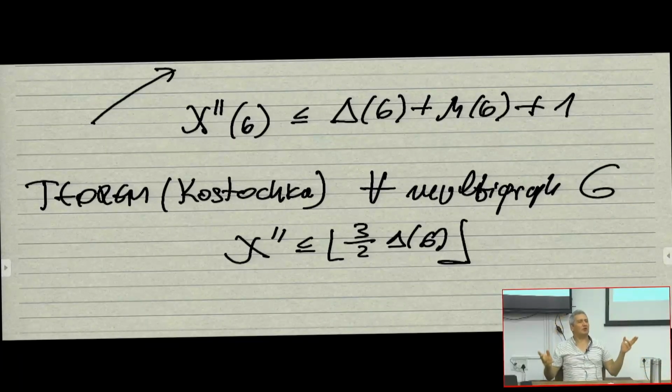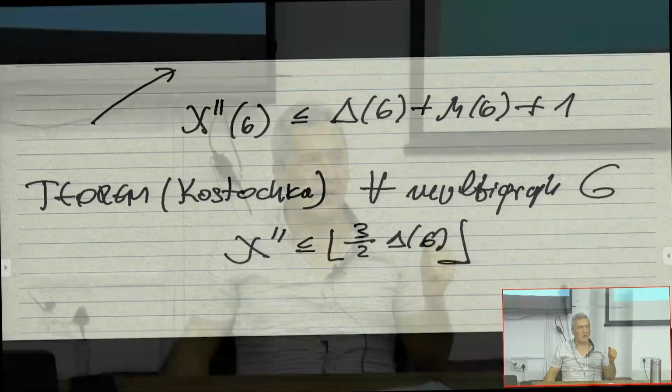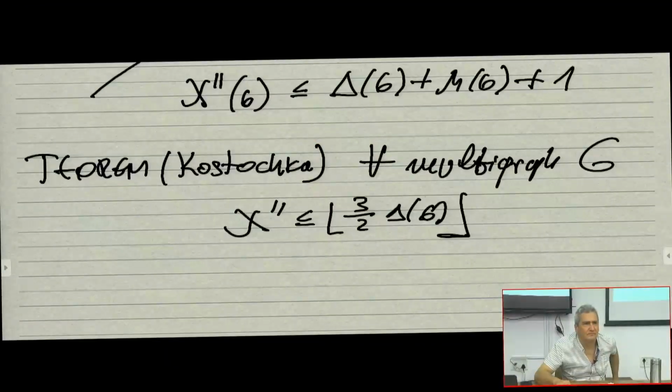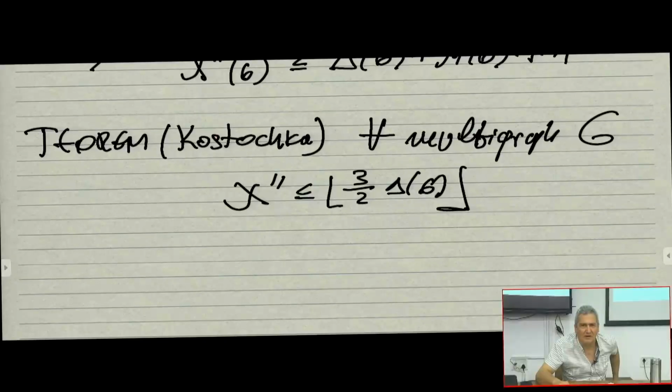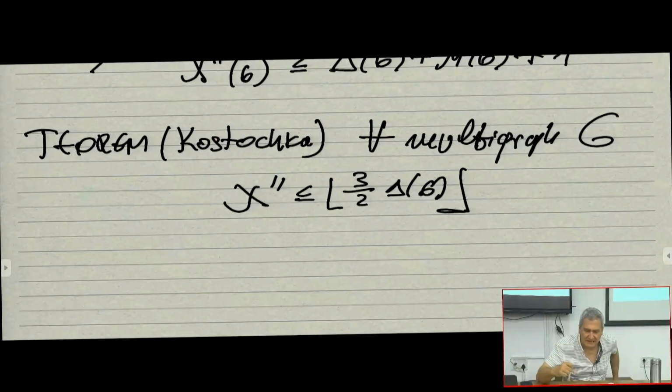You have a total coloring; you can also consider list total coloring. Do these bounds hold, or are they conjectures? Is anybody able to prove this bound for list total coloring? That's your homework until the afternoon. Is anybody working on this list version of total coloring?